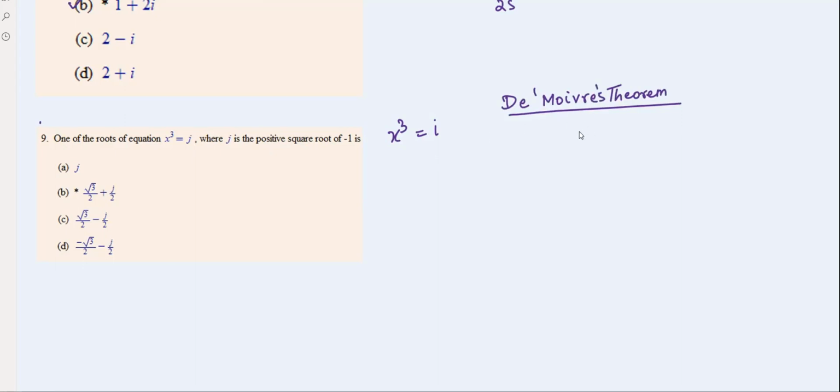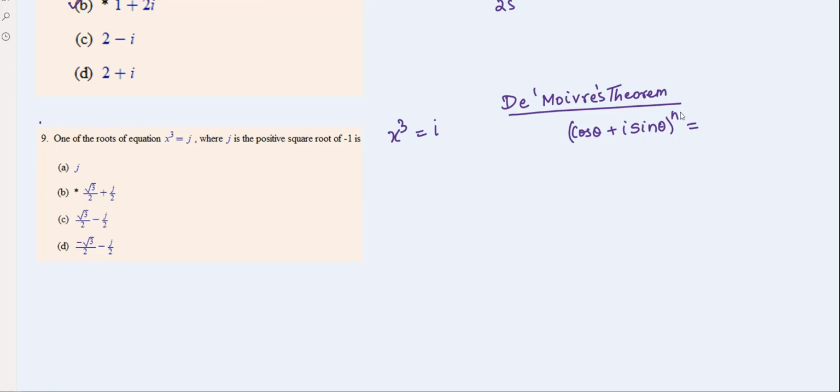Which states that (cos theta plus i sin theta) whole power n, no matter what the number is. If it's an integer, it is different.